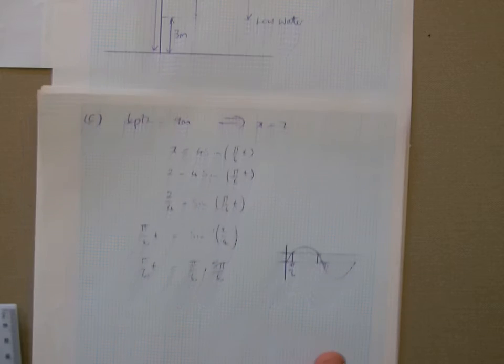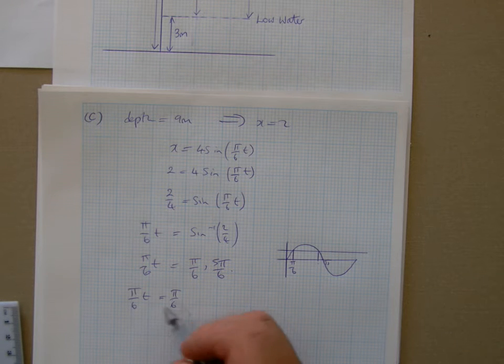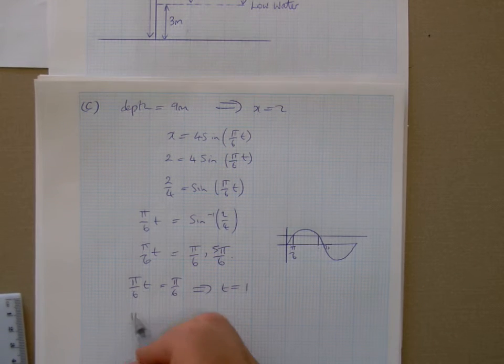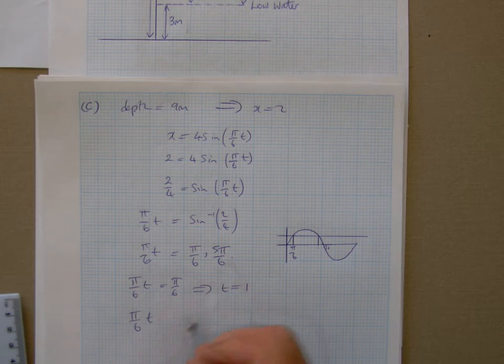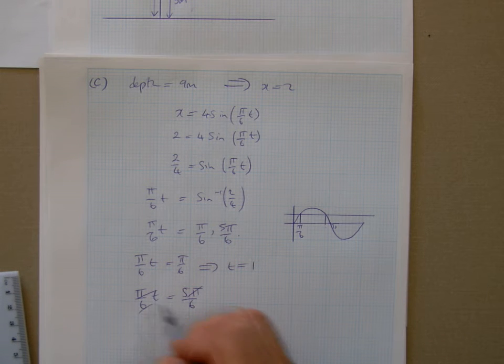And then you can work out your times. Let's work out the first time. Pi over 6 t equals pi over 6, so the pi over 6's cancel, which means t is equal to 1. Then for the next time, pi over 6 t equals 5 pi over 6, so the pi's cancel and the 6's cancel as well. t is actually 5 hours.